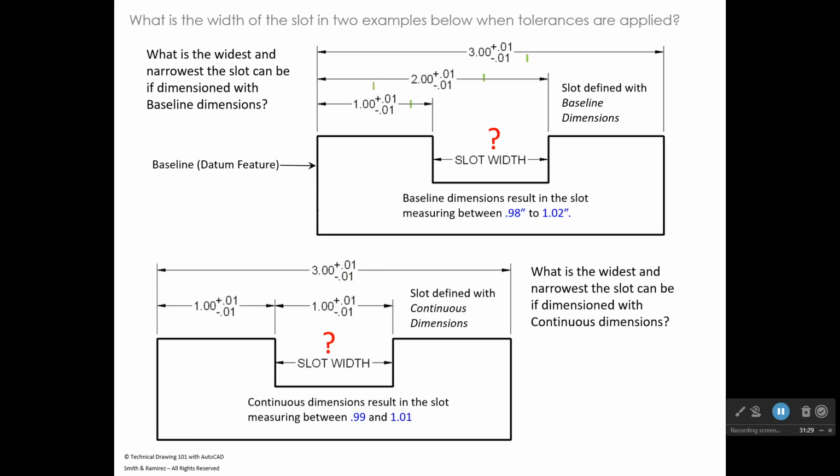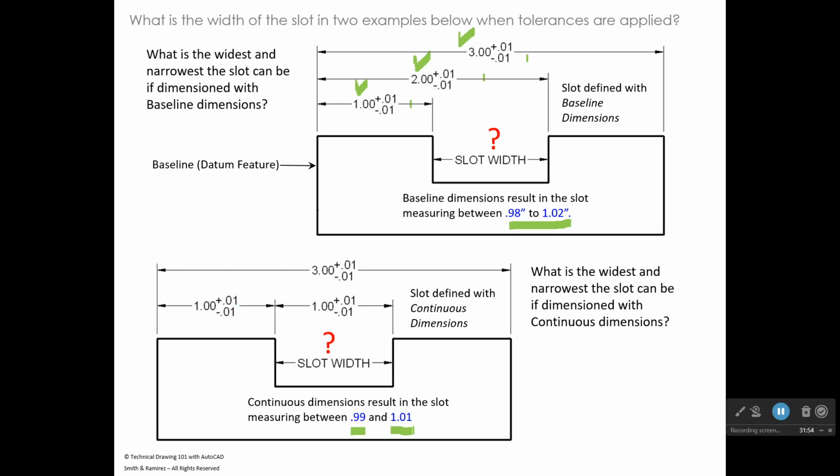So if the designer sketches their part like this, you can't change the dimensioning style. You need to use baseline dimensioning because that will affect the width of the slot. Like I said, the width of this slot would be 0.98 to 1.02, dimensioned like this. Where dimensioned using continuous, the width of the slot would be 0.99 or 1.01.